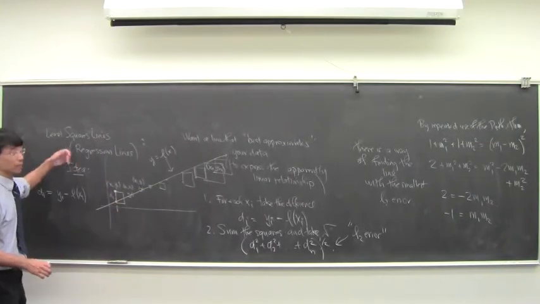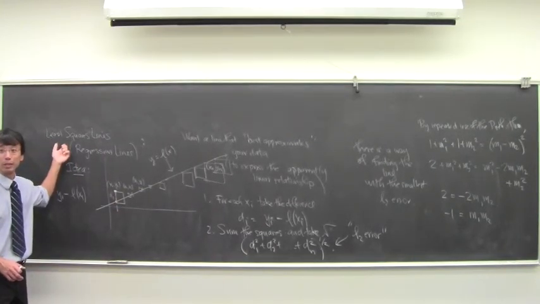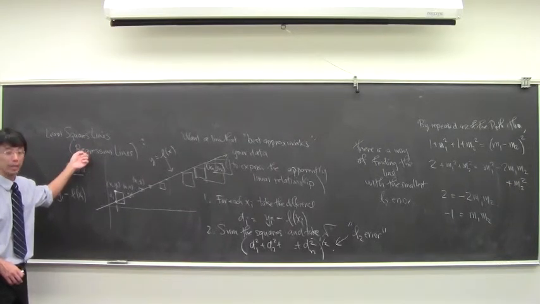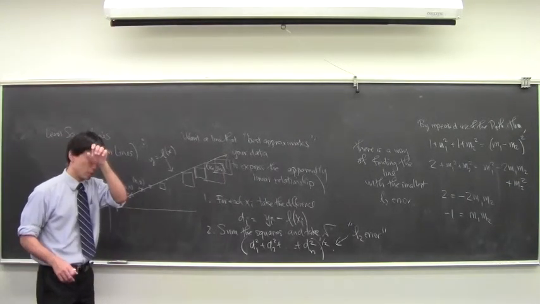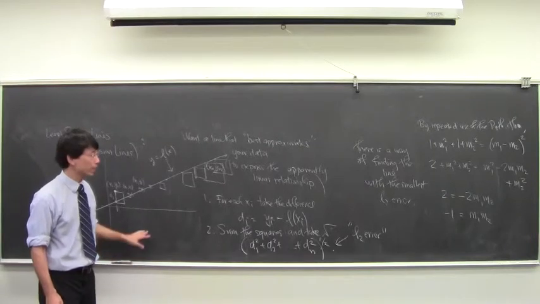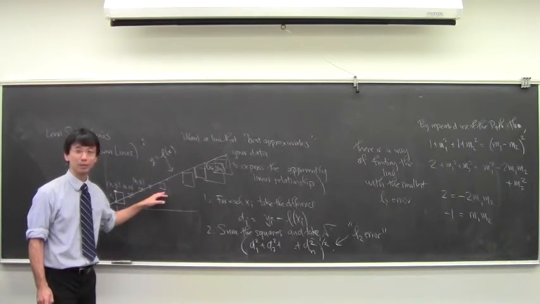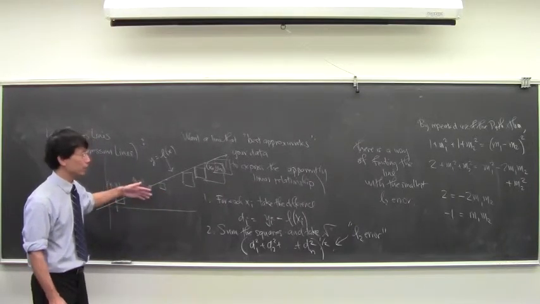That would be your least squares line, or your regression line. They give the formula for it in the book, but I think this topic should be introduced after you've had some calculus, so I don't want to talk about it too much.